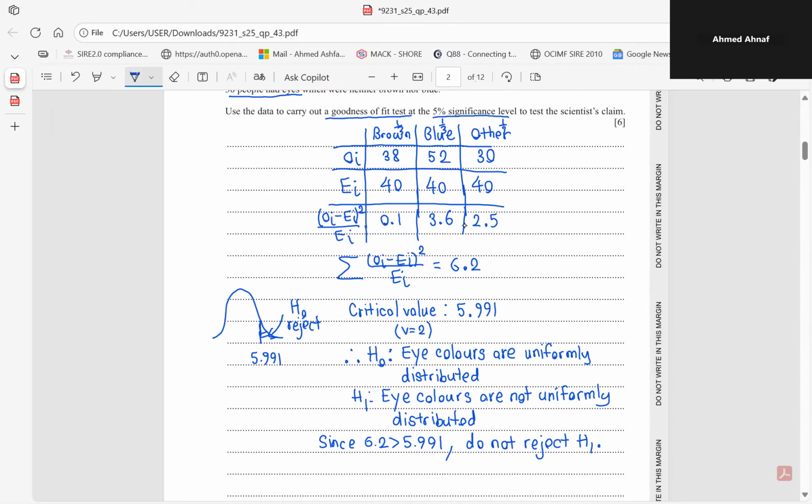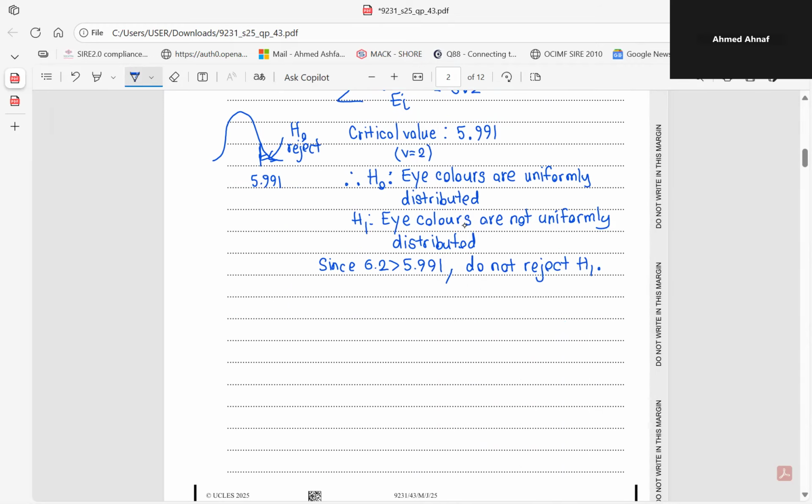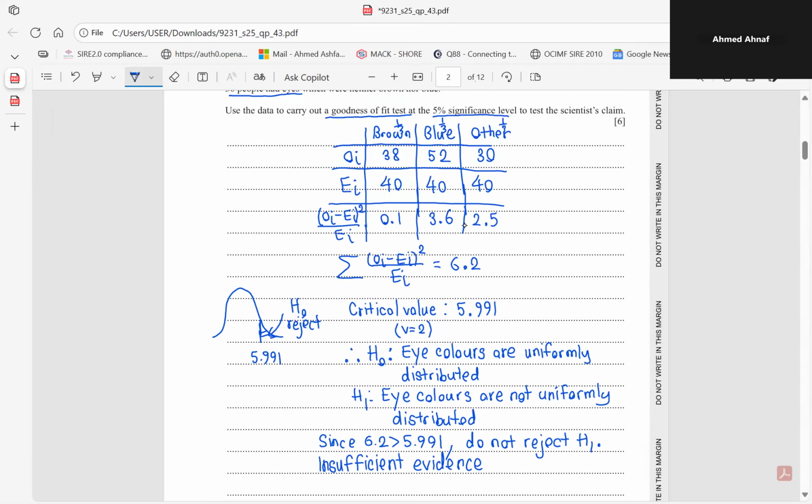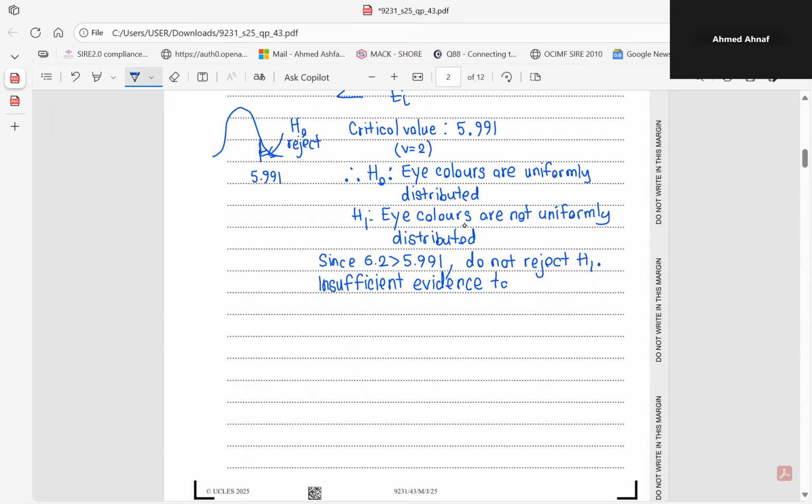So we can hence write down there is insufficient evidence to justify the scientist's claims.